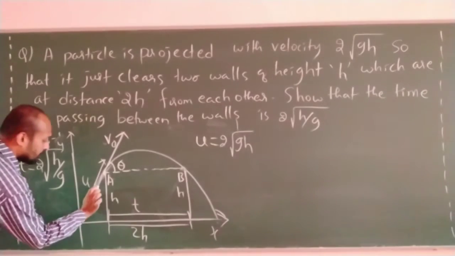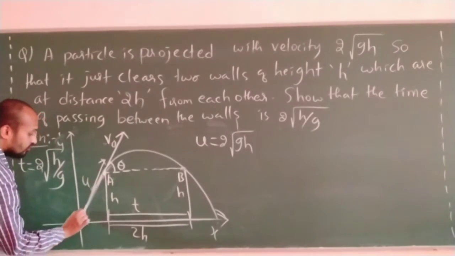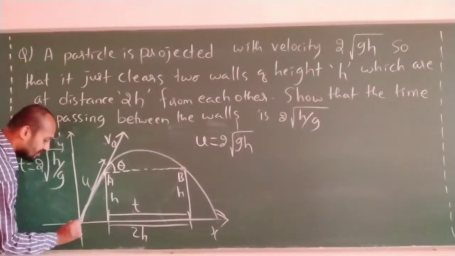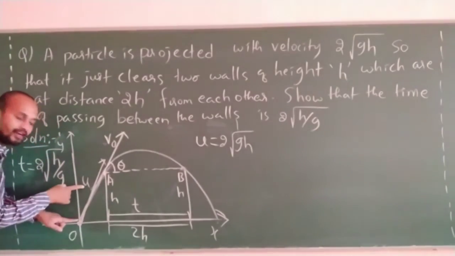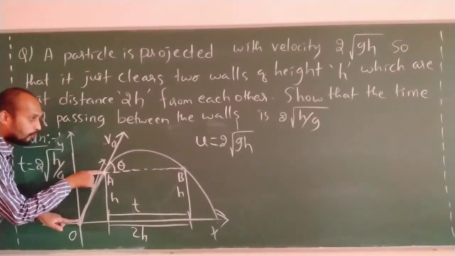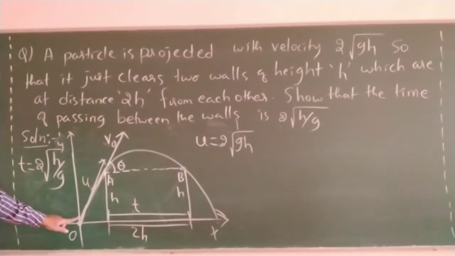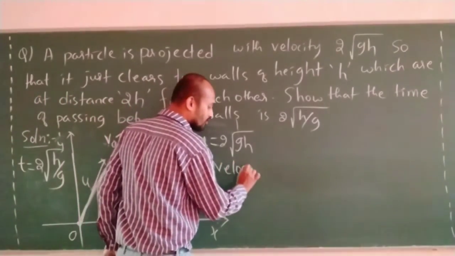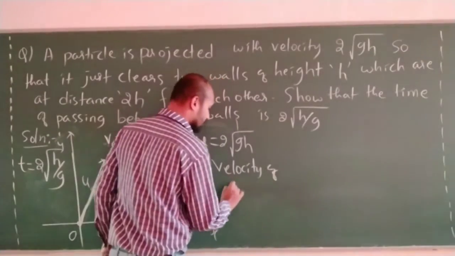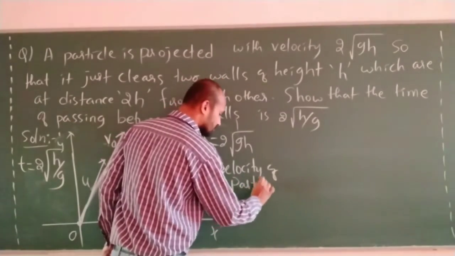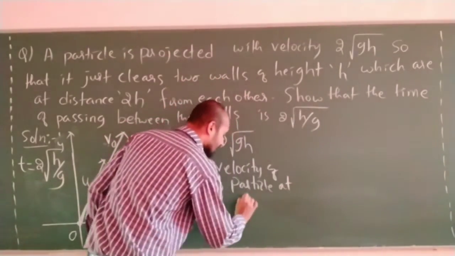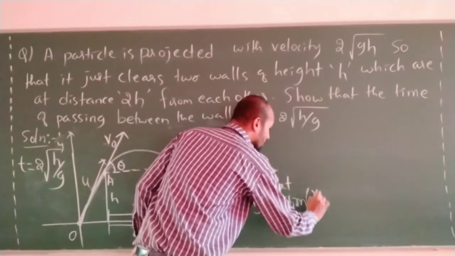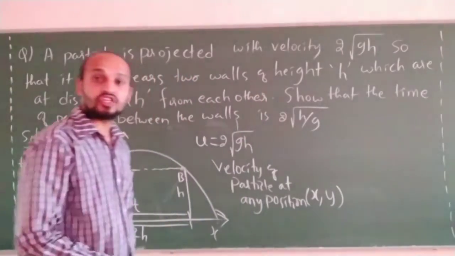For a complete projectile motion, at this point velocity is u. At this point velocity is V0. So for this complete projectile motion, I have given one formula. Velocity of the particle at any position x comma y.